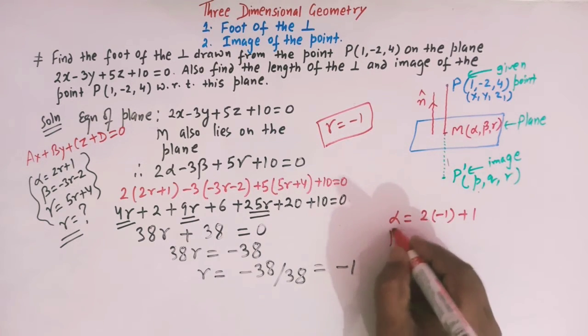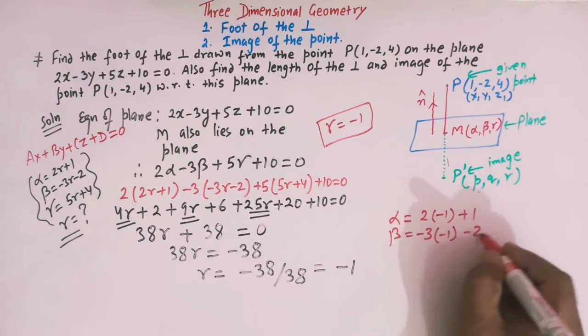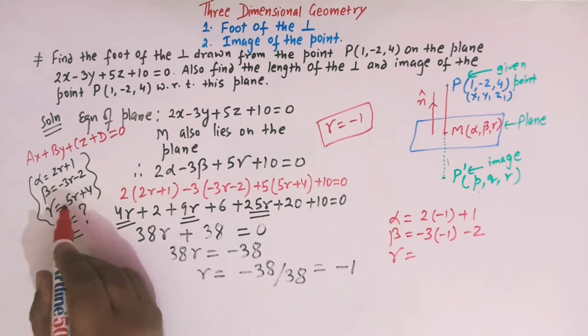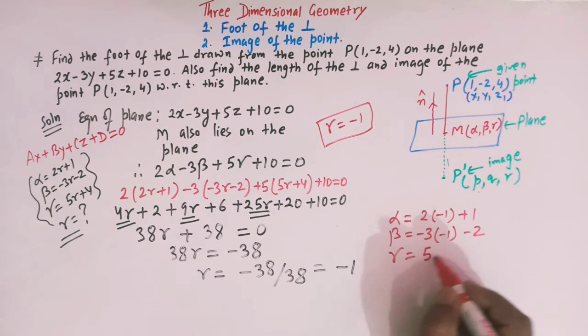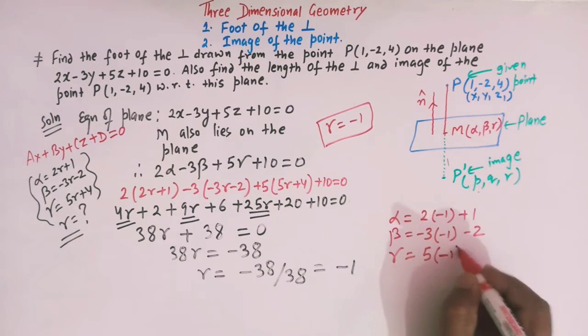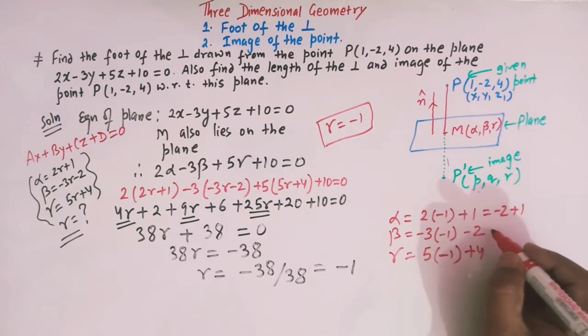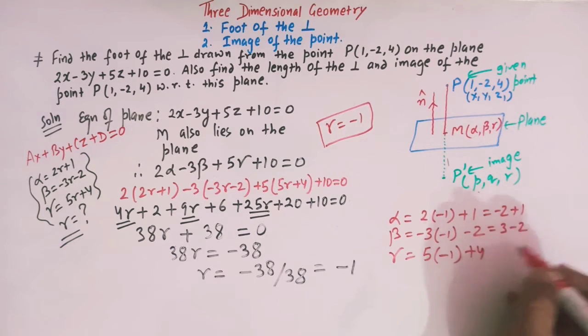beta is minus 3 minus 1, here we have minus 2, then gamma is 5r plus 4, so we have 5 times minus 1 here and plus 4, right? So this is minus 2 plus 1, this is 3 minus 2, and this is minus 5 plus 4.